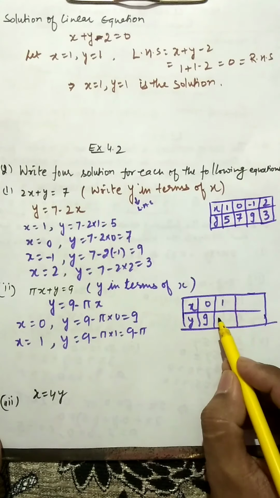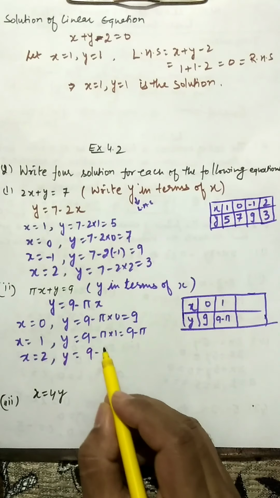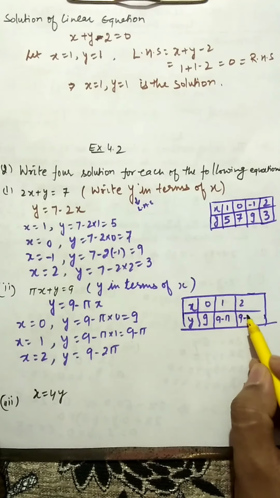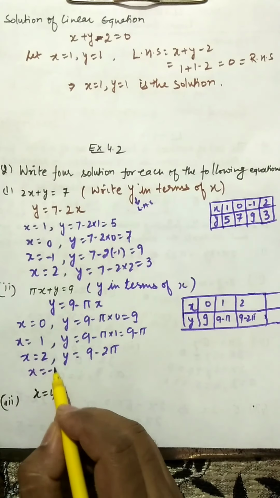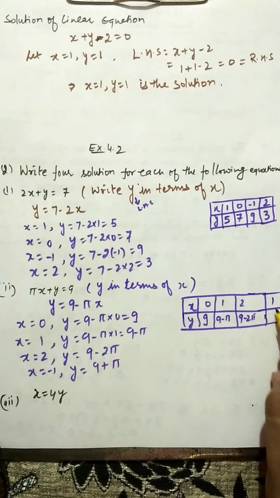No issue, no problem. x equal to 2, then y equal to 9 minus 2 pi. So x equal to 2 you have put, 9 minus 2 pi you have got. Now one more value you can think of. x equal to minus 1 you can put, y equal to 9, this will become plus pi. So for minus 1, 9 plus pi.